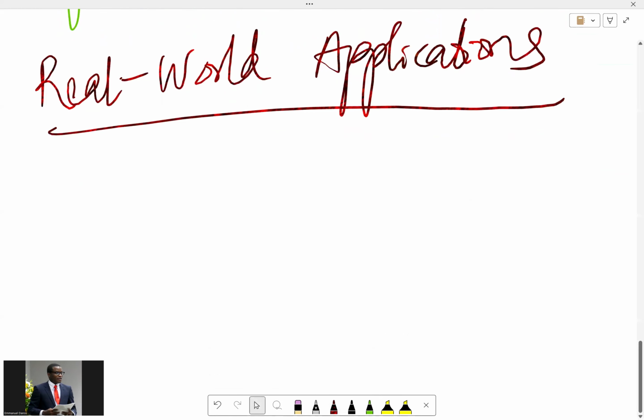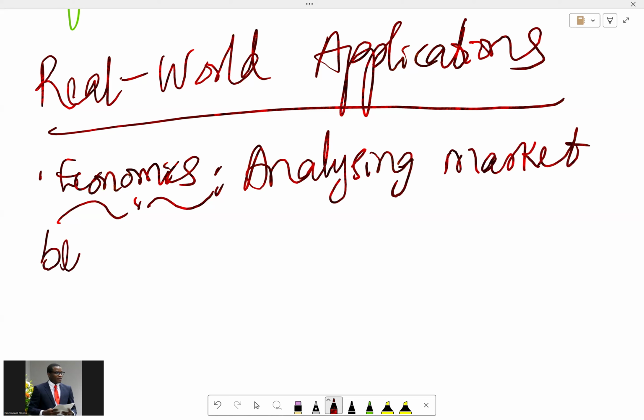First of all, just like we mentioned before, we talked about economics. In economics, we can use game theory for analyzing market behavior, auction designs, and pricing strategies.